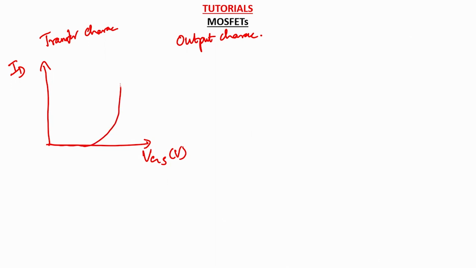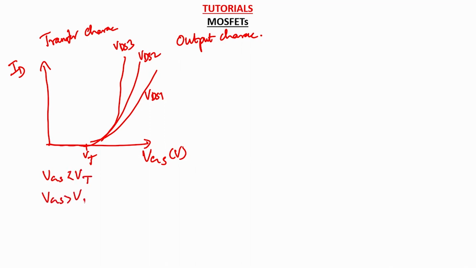So MOSFET is off for some values, and it is on after the threshold voltage, and this can be VDS1, VDS2 and VDS3. VGS less than VT is where MOSFET is off, and VGS greater than VT, which is the threshold voltage, the MOSFET is on.